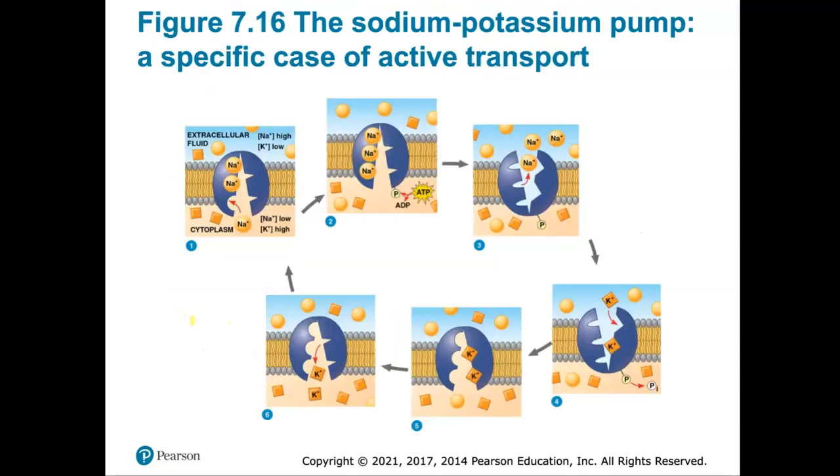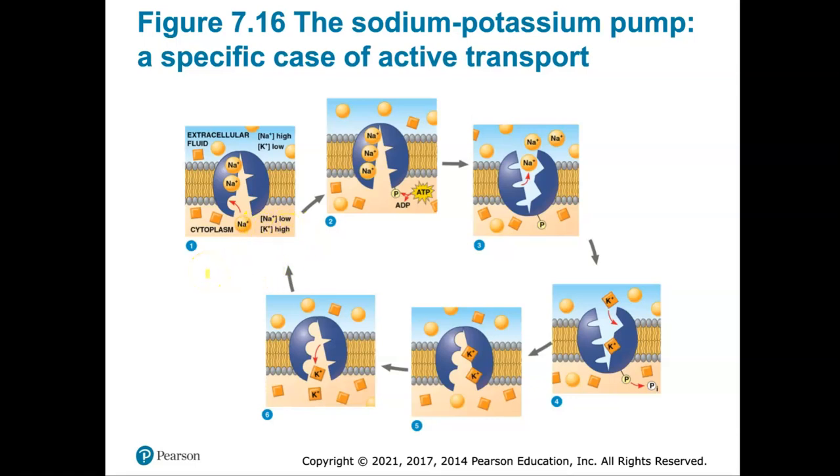It uses the energy of ATP to pump 3 sodium ions out of the cell, as you can see is happening here, and then 2 potassium ions into the cell. So sodium is moving against its concentration outside the cell where its concentration is already high. And potassium is moving into the cell where its concentration is already high.